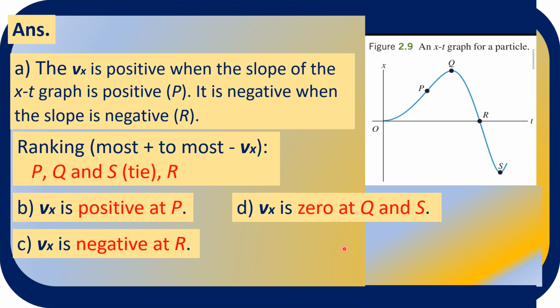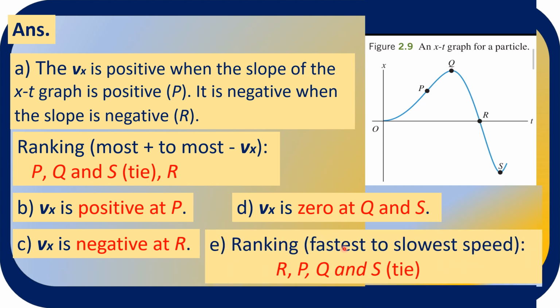So, we now have the final question, which is asking for the ranking of the points according to the fastest speed to the lowest speed.